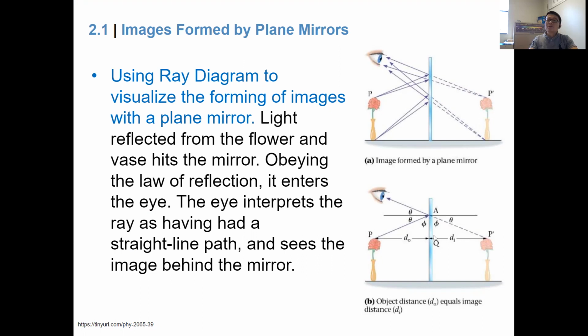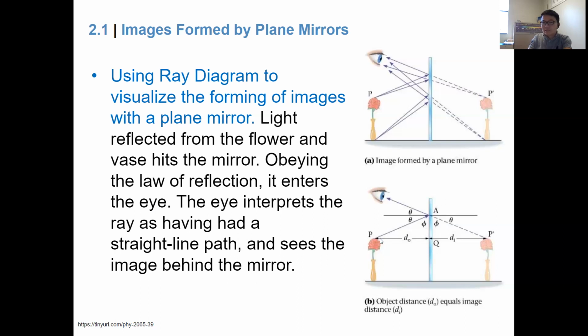Okay. So then, according to geometry, these two angles should be the same because according to the law of reflection, your incident angle should be equal to your reflected angle. So as a result, this angle will be equal to this angle theta. So these two angles will be the same.